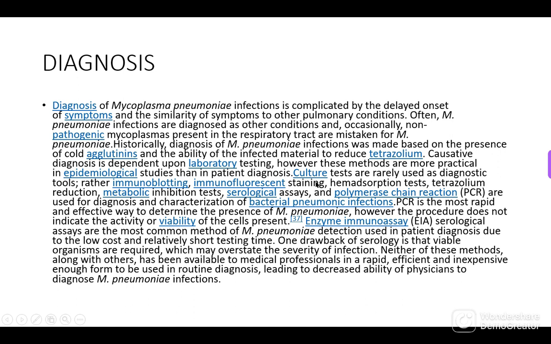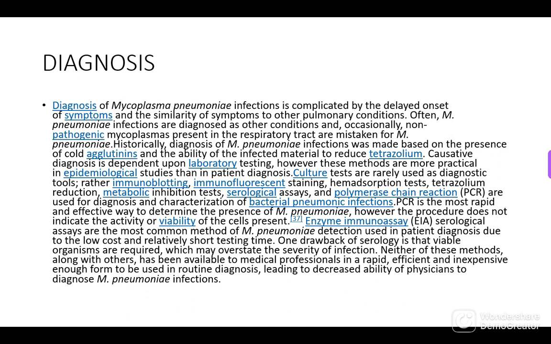and you can see the pattern in the culture. Very, very specific culture characteristics are seen. It is a gold standard, although it is not really a practically possible tool. Rather, we are doing now the immunoblotting, immunofluorescence staining of the sputum or the other part of the body.